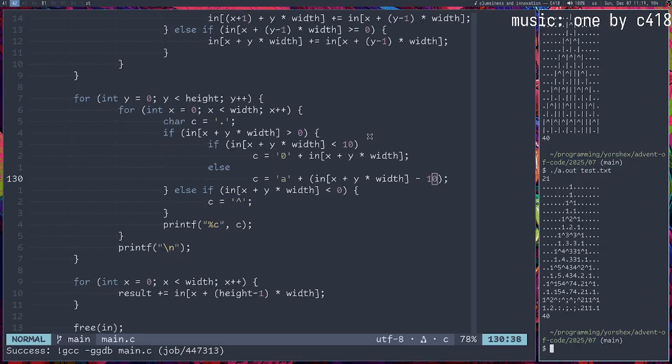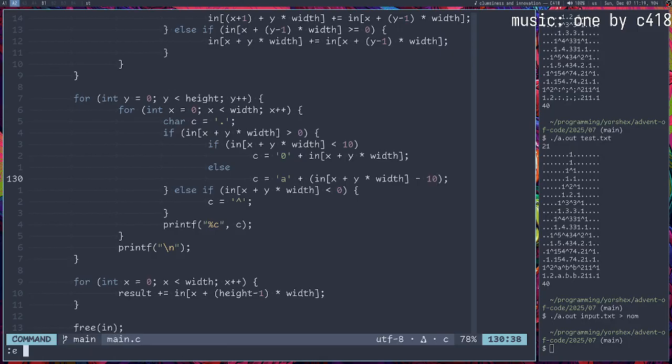So, this is kind of how it should look. Now what if I try actual input on this and on some file?